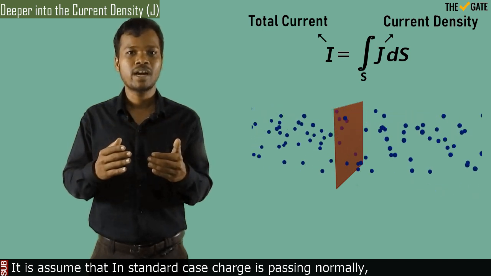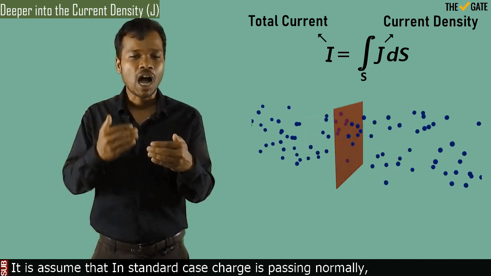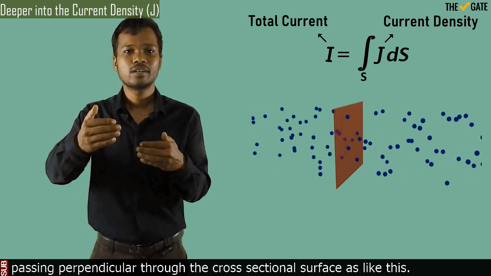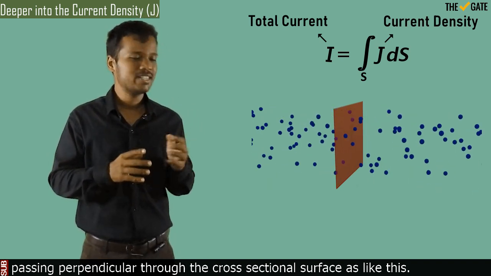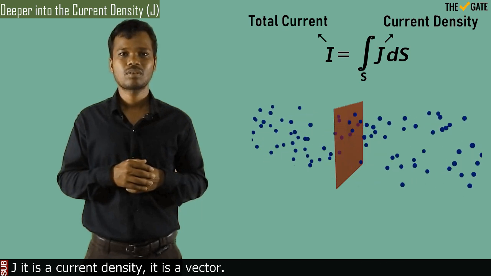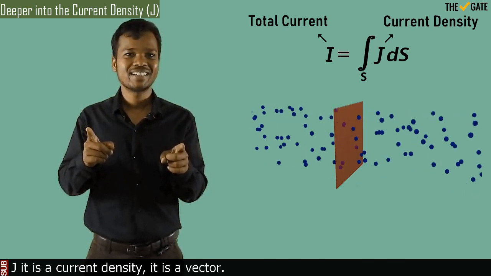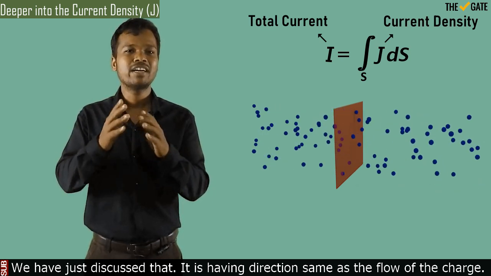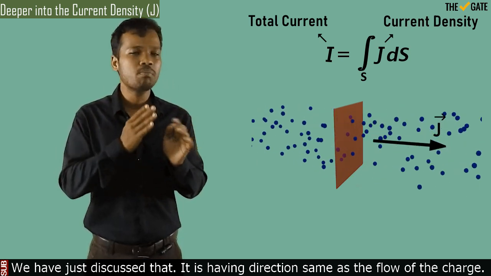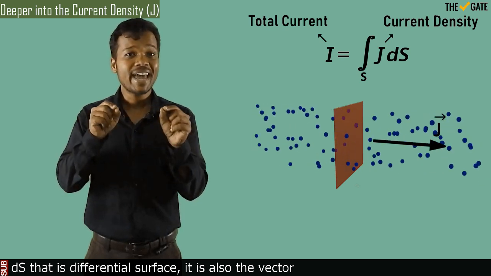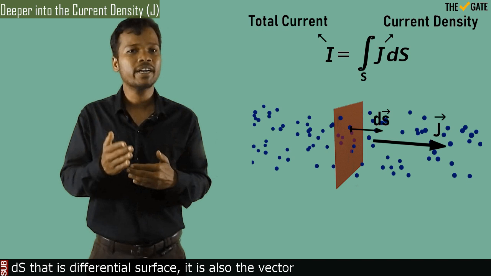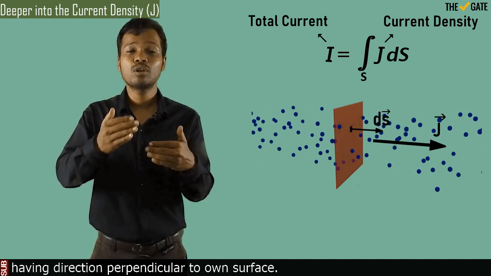It is assumed that in a standard case, charge is passing normally, perpendicular through the cross-sectional surface, like this. J is the current density, a vector, as we have just described, having direction same as the flow of the charge. ds, that is the differential surface, is also a vector having direction perpendicular to the surface.